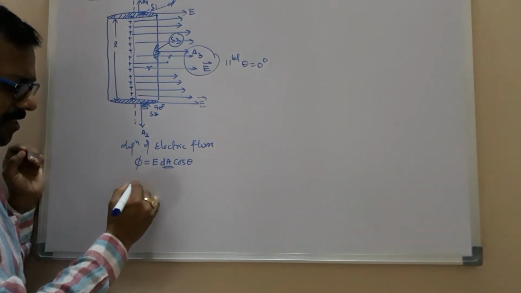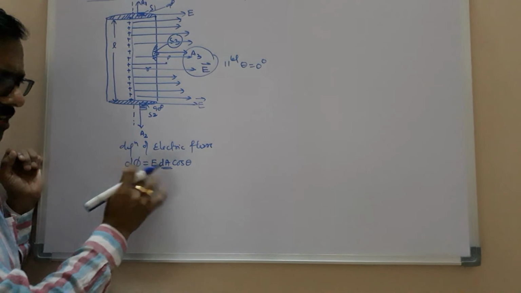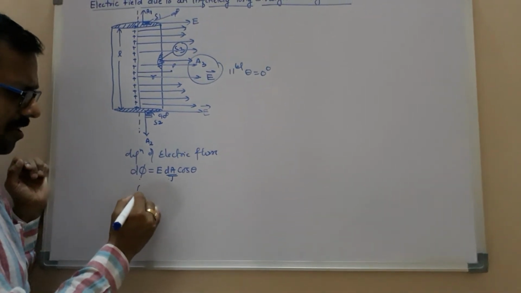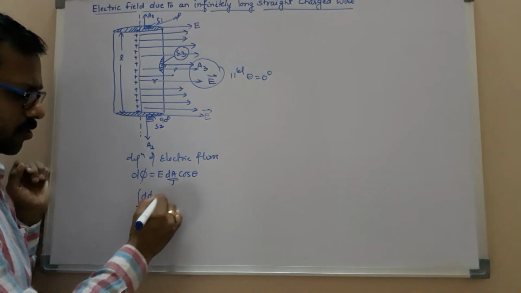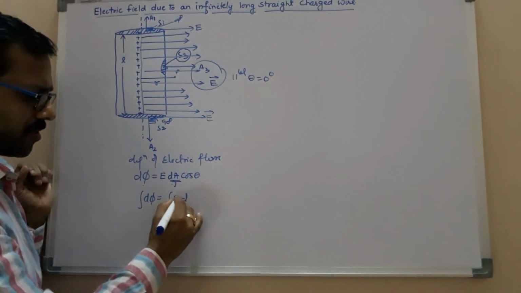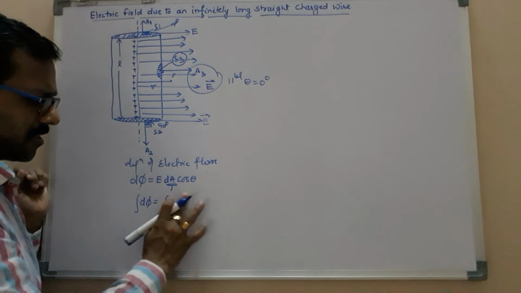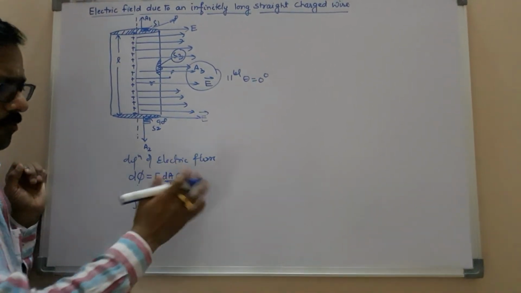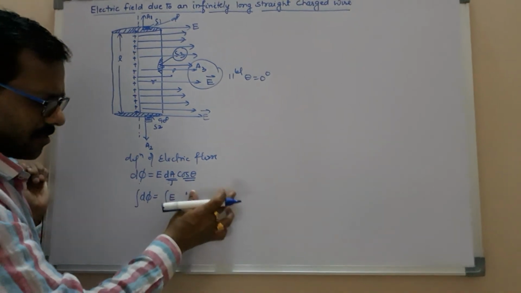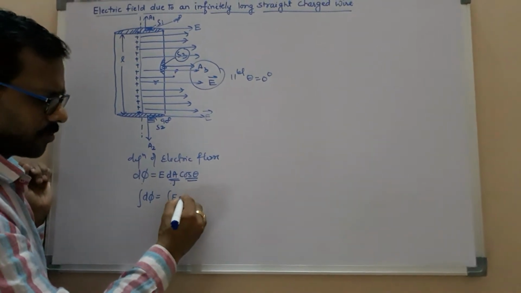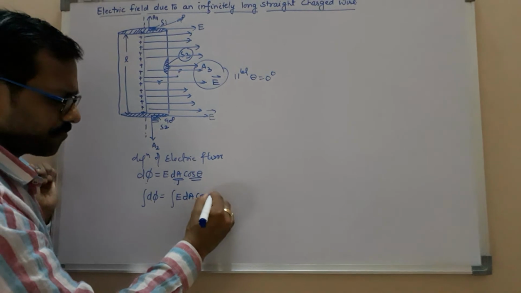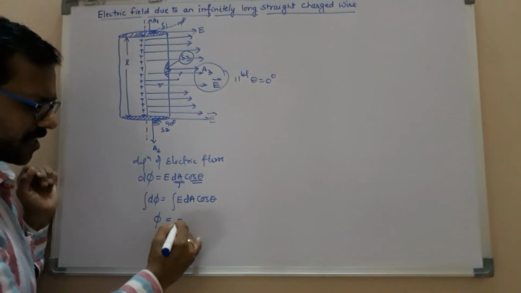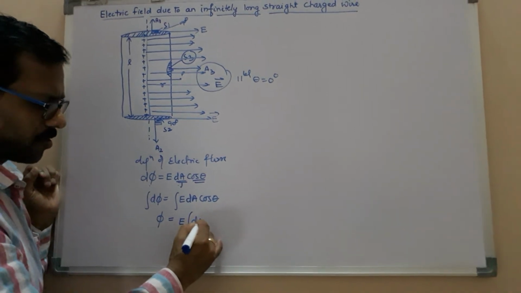For a very small area, the flux is very small, so d phi equals E dot dA, which is E dA cos theta. Now d phi becomes phi, and E is a constant which is taken out, so phi equals E integral dA cos theta.